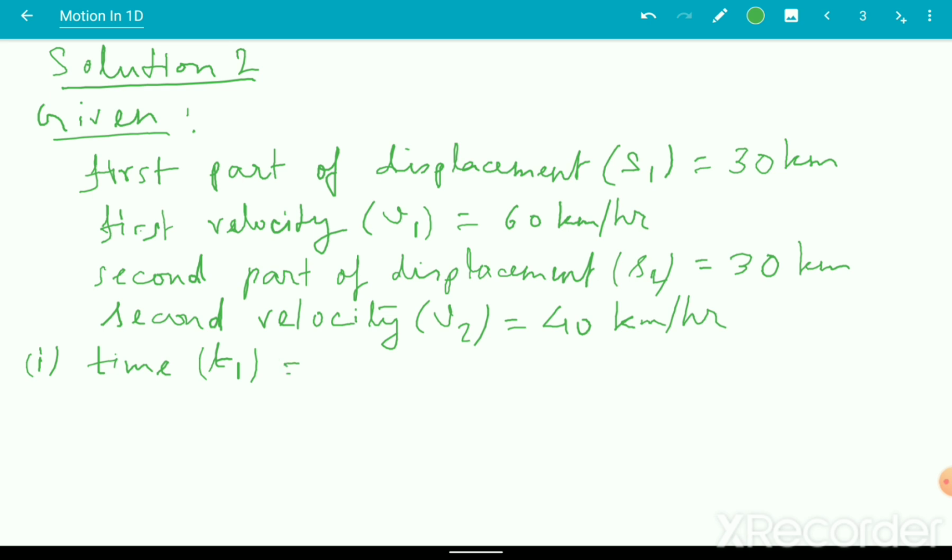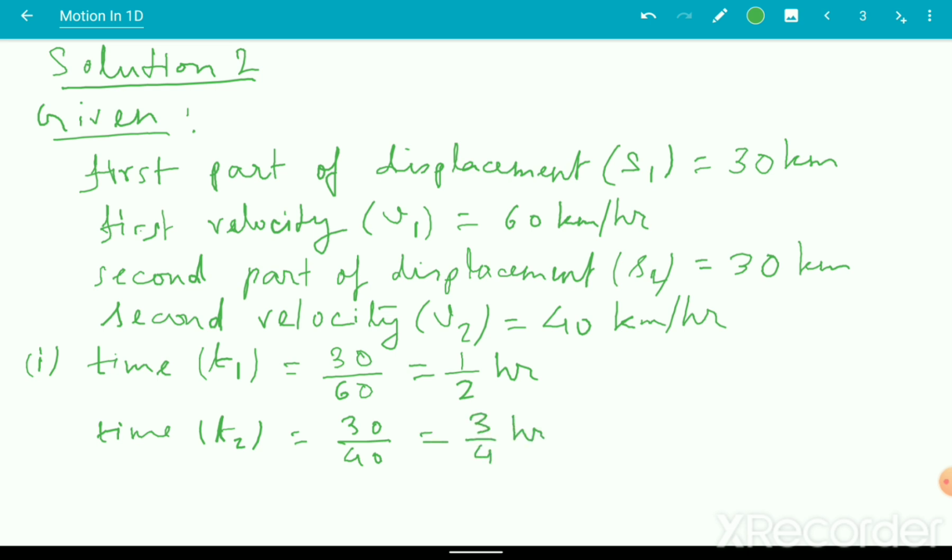Displacement is 30, speed is 60, so this is nothing but half hour. And time t2 is equal to distance by speed, so it's 30 by 40, which is 3 by 4 hour.